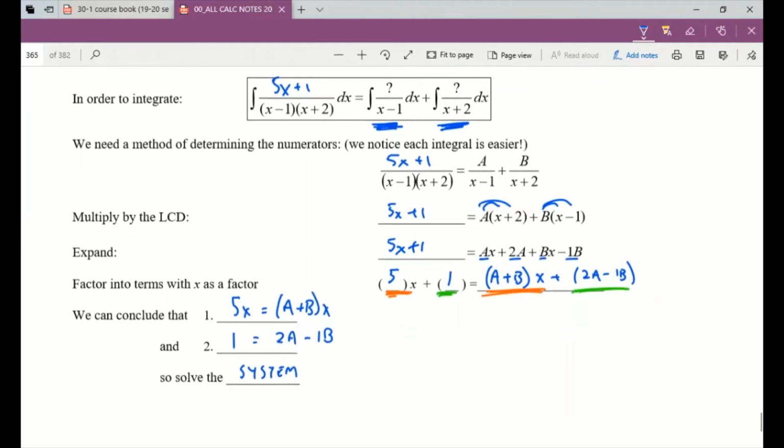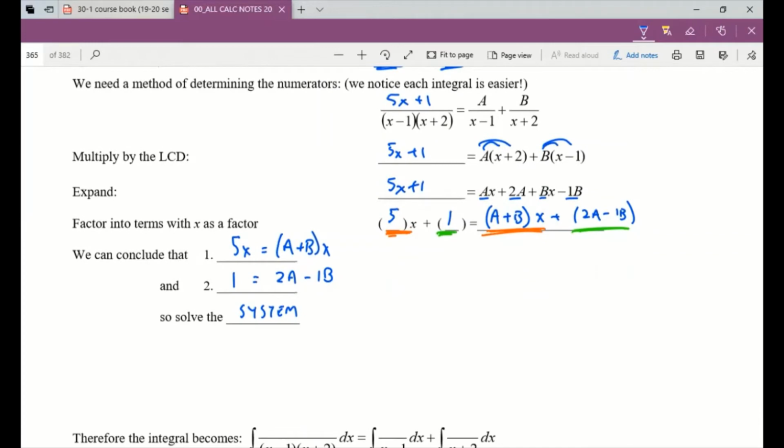We have two equations and two unknowns, because really that x isn't relevant to that first one. We have this system that looks like this. 5 is equal to a plus b from our first, and 1 is equal to 2a minus b. Here's equation 1, here's equation 2.